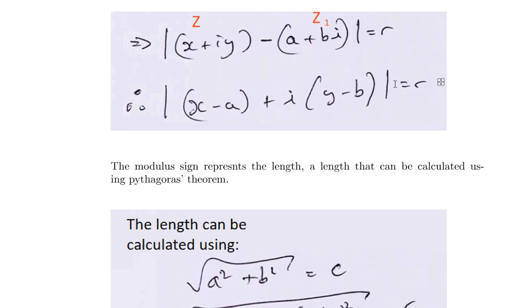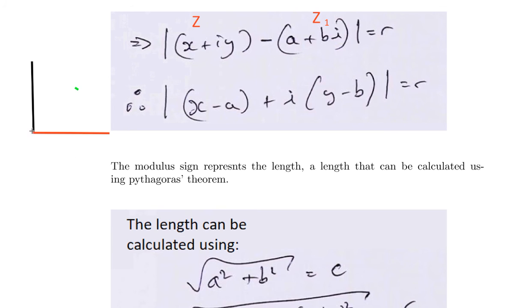However, the absolute signs represent trying to find the length. So say, for example, you've got a real axis that looks like that, an imaginary axis that looks like this, and some sort of position on that plane, let's say that point here.